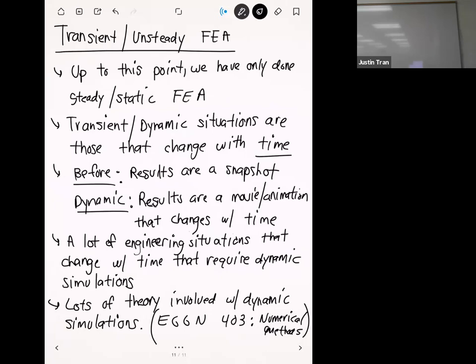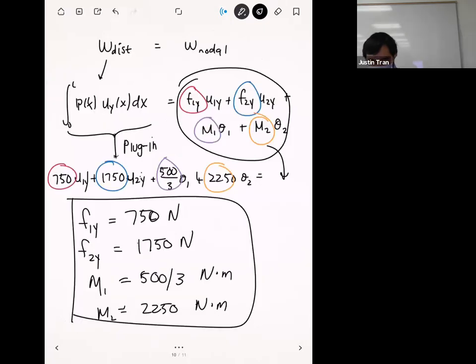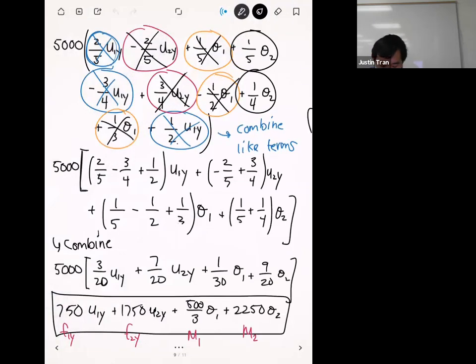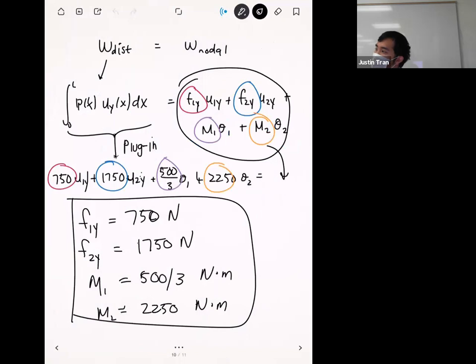Just another question, going back to finding the forces and moments. Whenever we're given a distributed loading, we don't need to worry about the boundary conditions set by the plane of loading? That's a good point. When you're given the distributed loading, the first thing you do is convert it to the nodal loads, just like this.